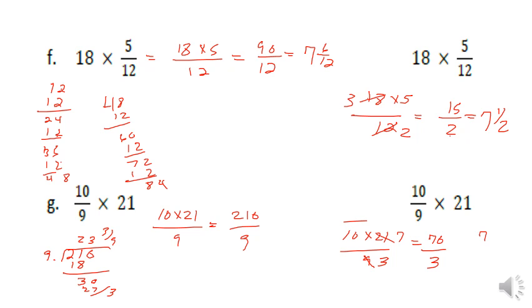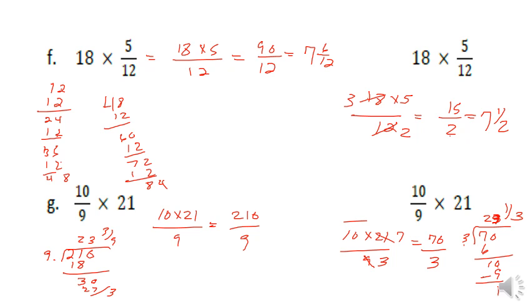We'll still have to do some division this time, and we can see that 3 will go into 7 2 times. 2 times 3 is 6, leaving us 10. 3 will go into 10, excuse me, 3 times. 3 times 3 is 9. The 1 remainder, the 1/3.